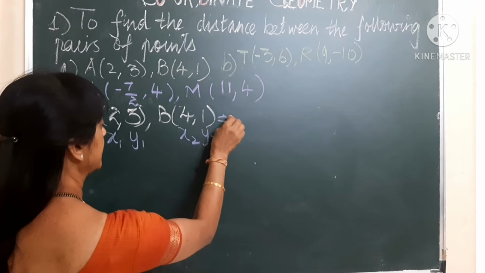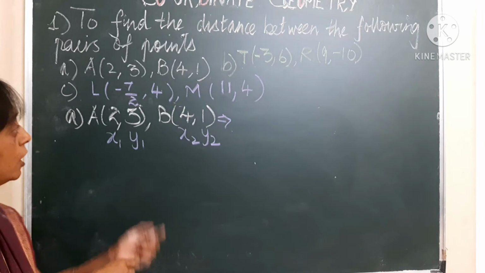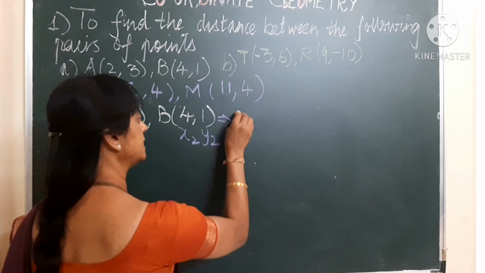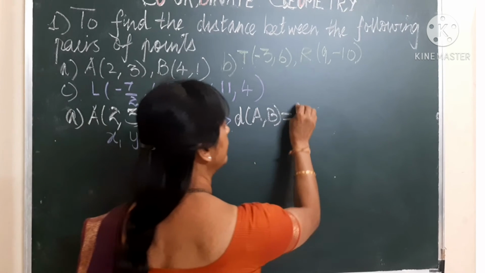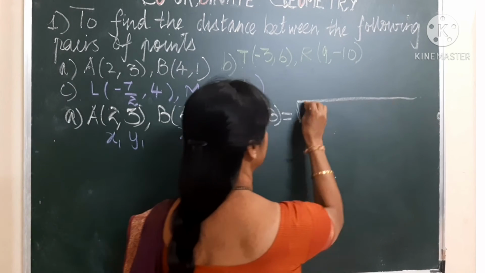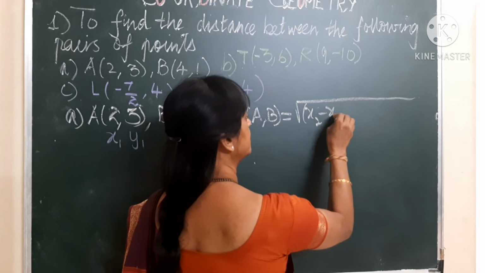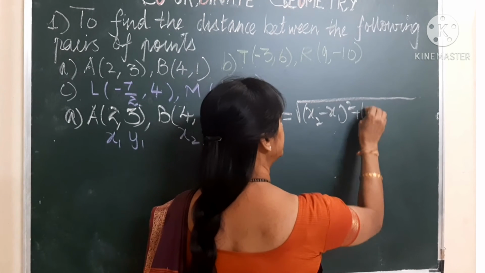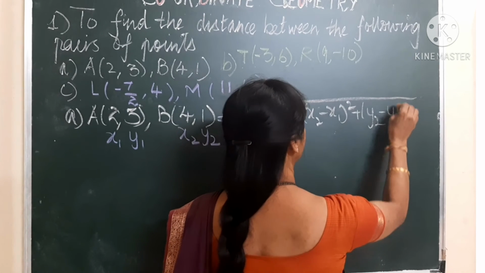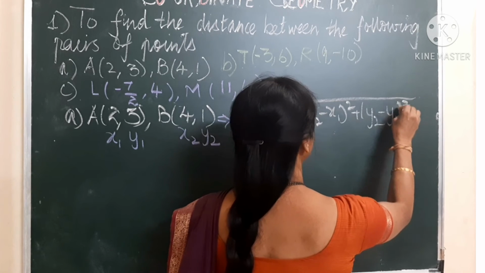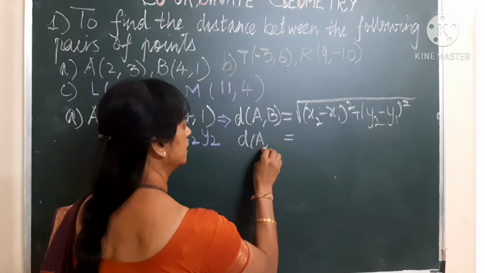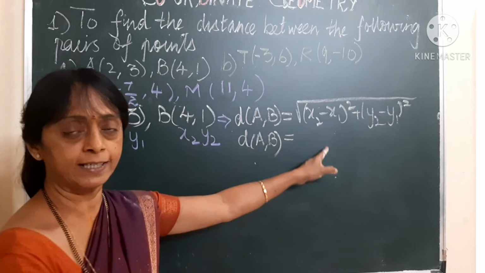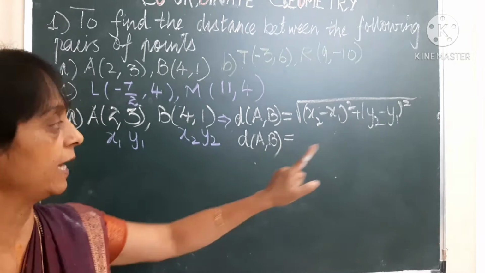So let's calculate now and move on to find out distance AB, which will be given with the formula square root of x2 minus x1 the whole square plus y2 minus y1 the whole square. Let's substitute the individual values of x1, x2, y1, y2.